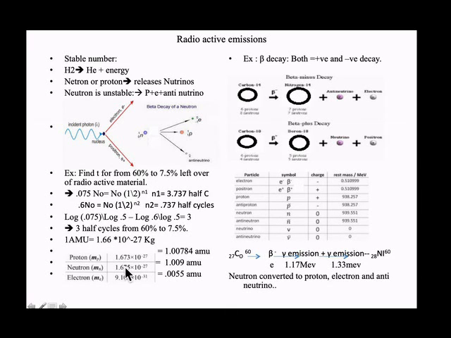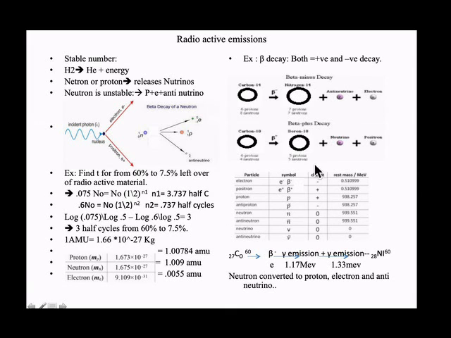If you take electron mass, 9.1 into 10 to the power minus 31 means around 0.511 million electron volts. So this is the mass compared to AMU. Proton and neutron are nucleons, and these are their masses. Here neutrino and antineutrino mass is taken as 0.